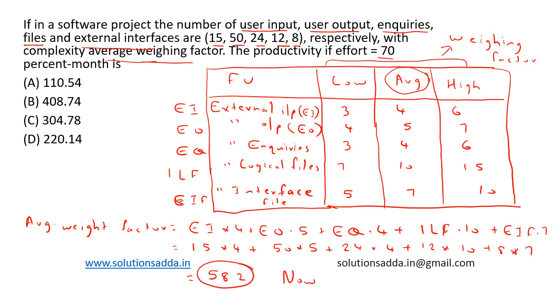Now, if effort is 70% per month, then the productivity will be 0.7 into 582, which is equal to 407.4. And the closest answer here is 408.74. So based on the options, we can choose option B as the right answer.